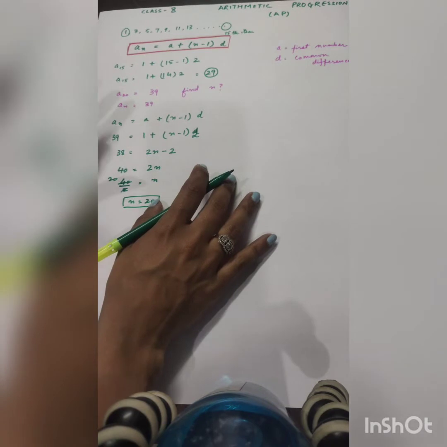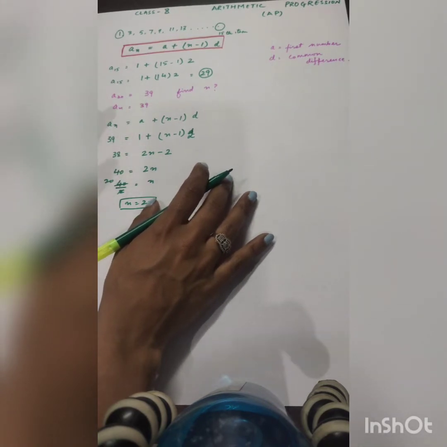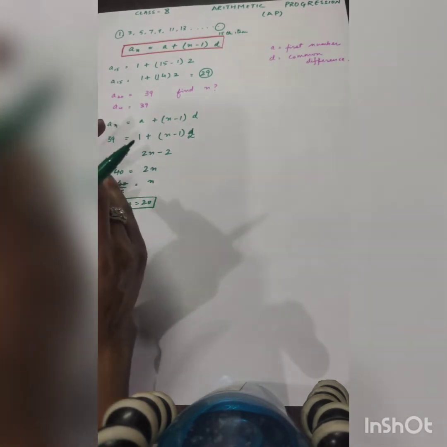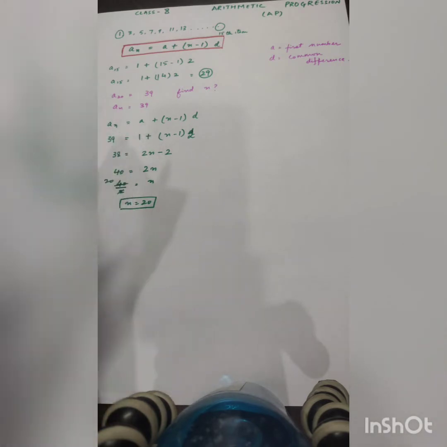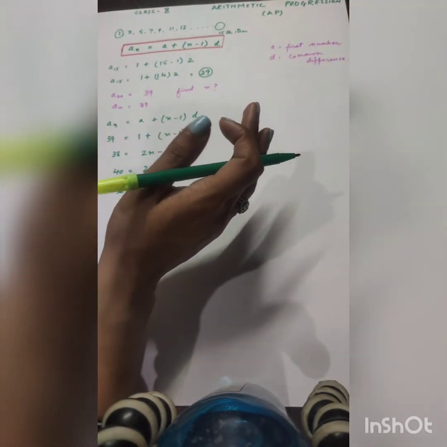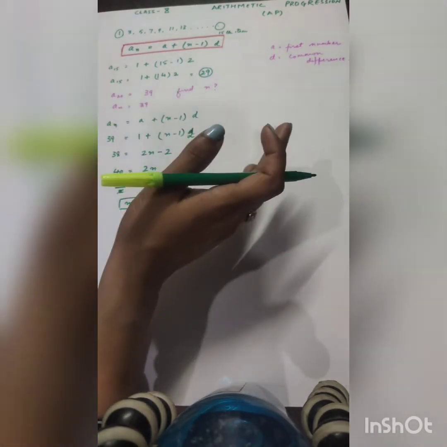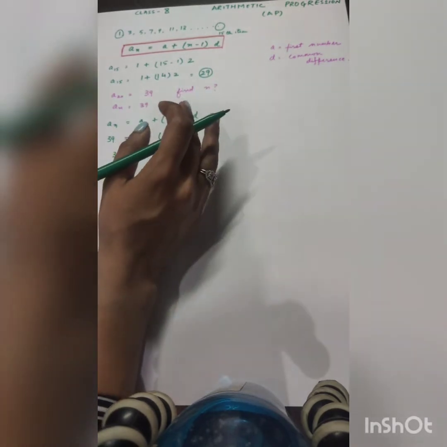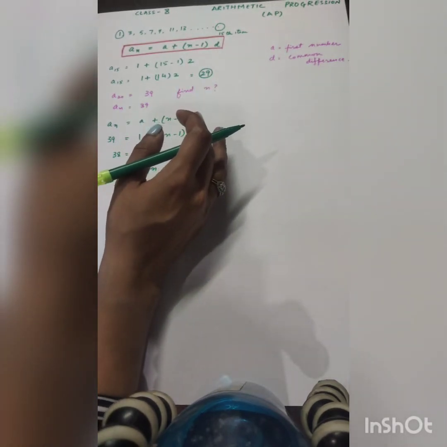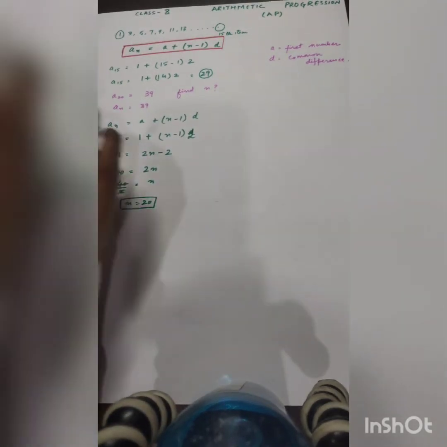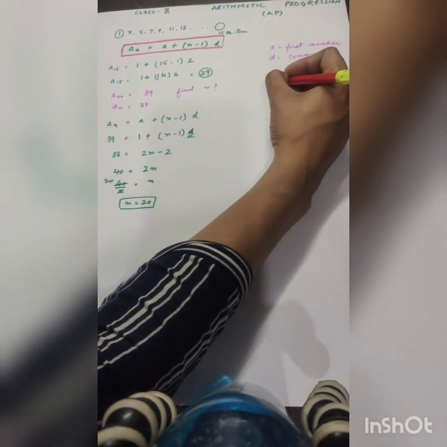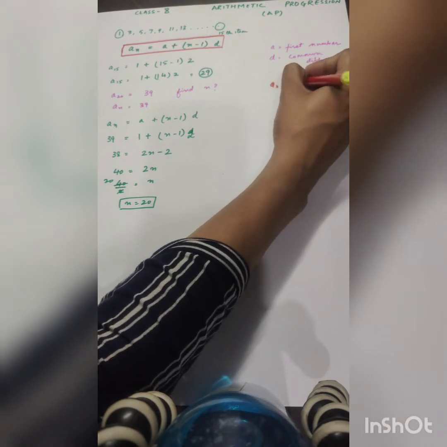Right? Now this can be used for questions where a specific series of numbers is given and you have to show whether it is in AP or not. For that, you first calculate D. That is, you can do A2 minus A1, right?